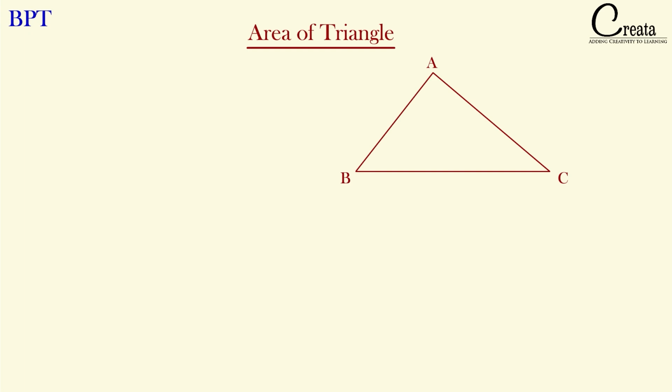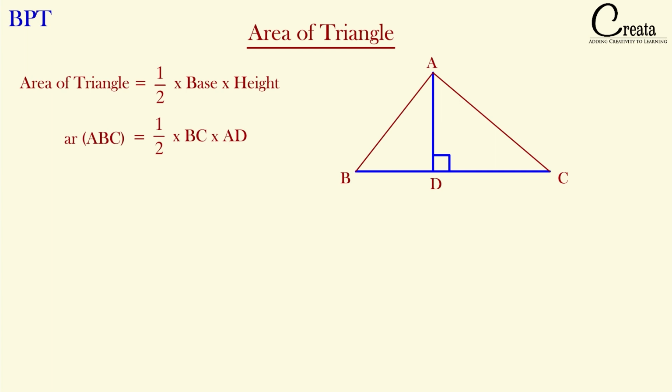We know area of the triangle is equal to half into base into height. This is the formula you must be knowing. Base, you can take any side as base and the perpendicular will be with respect to that base. For example, we are taking the base as BC, then what will be the perpendicular? Perpendicular will be AD. Here AD and BC are perpendicular to each other, so our formula will be half into BC into AD.